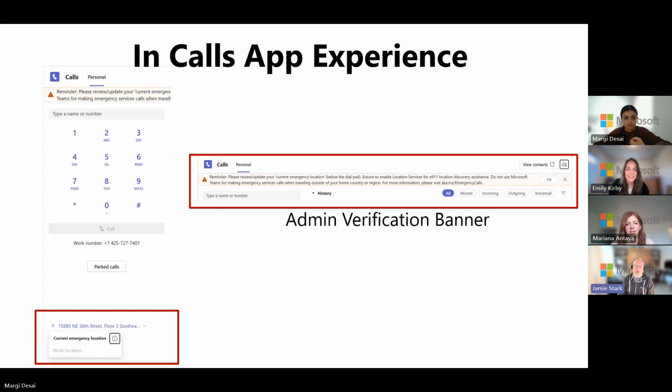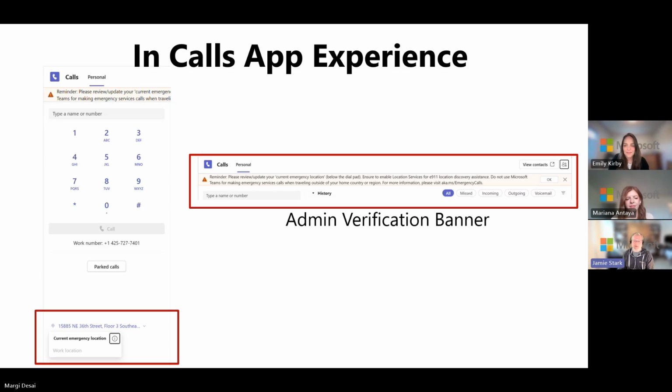Yeah, definitely. So the BSSID piece, that really comes from setting up dynamic emergency calling for an organization. And so there are really three main ways that teams can determine where a client is located within the corporate network. I can use the unique radio identifier of my wireless access point. That's called a BSSID.